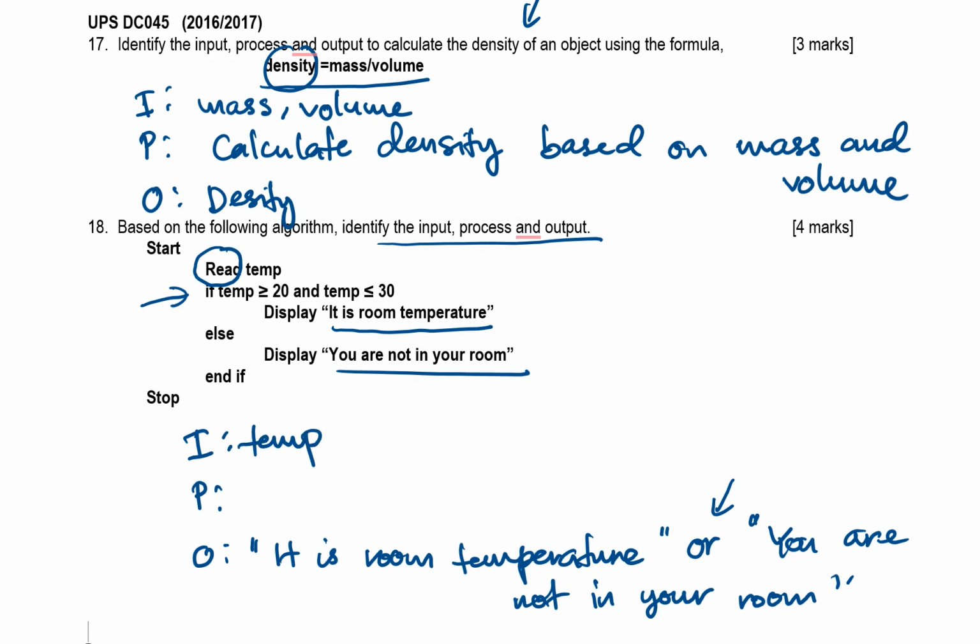Okay, now how to write the process? So this one is selection. So you start with determine. Determine means tentukan. Determine what?